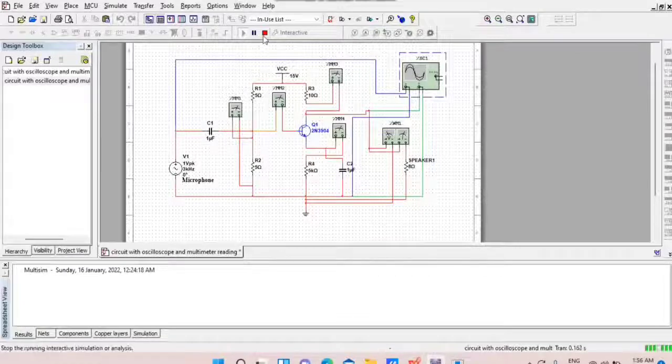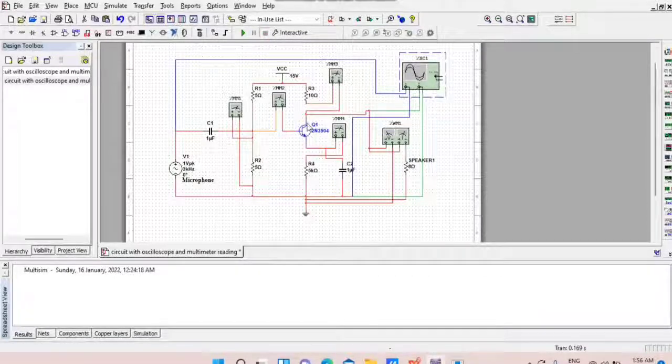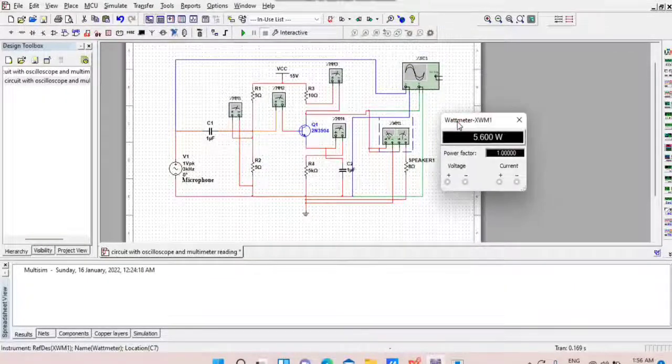We also use a BJT, the 2N3904 NPN transistor, to build this circuit. Measuring the output power at the speaker, it will be 5.6 volt.